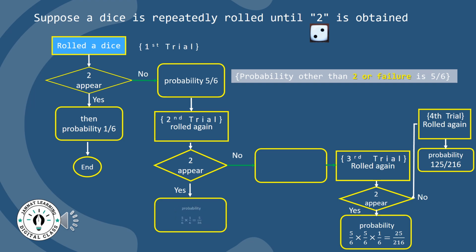Then the total probability will be 5/6 multiplied by 1/6, equal to 5/36. But if the second trial is not successful and we do not get 2, then the probability of the second trial will be 5/6. Then the total probability will be 5/6 multiplied by 5/6, equal to 25/36, and in this way we have to keep trying until we get success. This calculation is made by the geometric distribution.